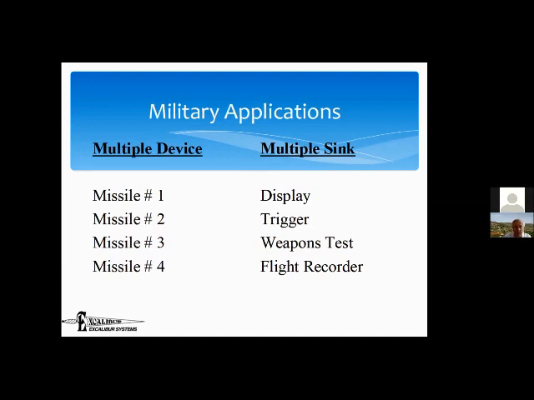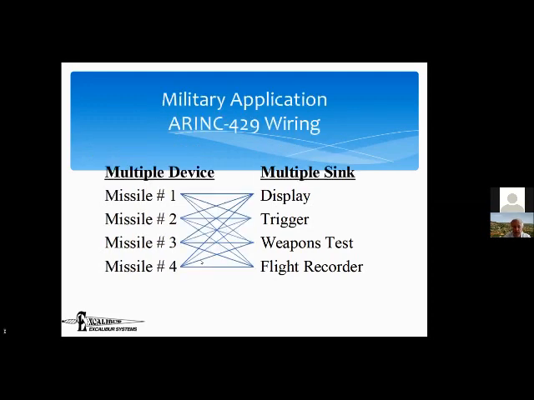Okay, so now let's take these devices and figure out what the wiring could look like. So if we use the same wiring as we just discussed is used in ARINC 429, this is what it would look like. And if you have, instead of 4 missiles, 10 missiles or 20 missiles, then it would obviously look considerably more complex.